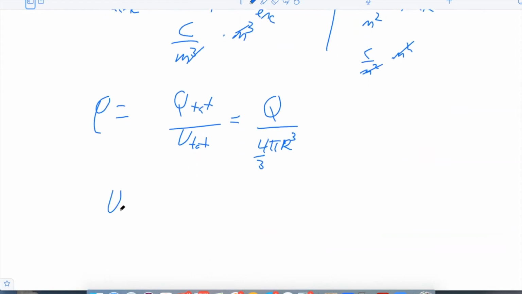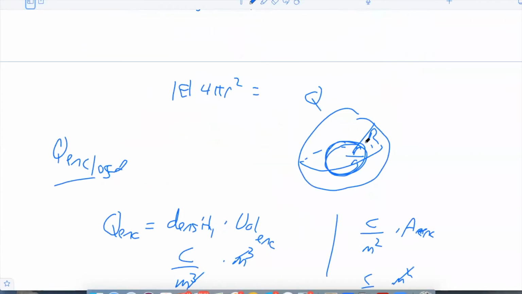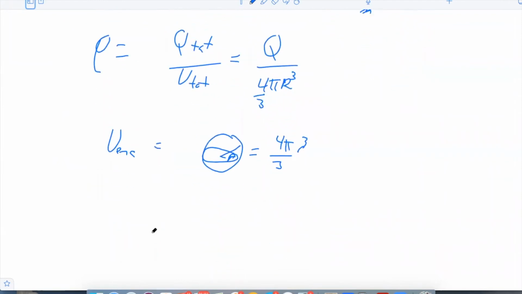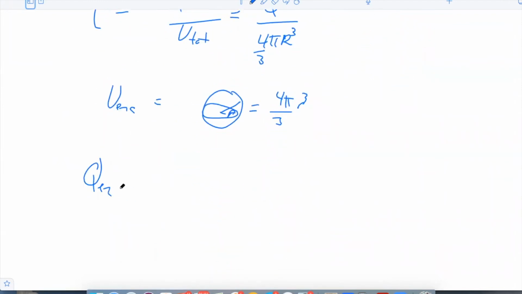What's my volume enclosed? That's the volume that I actually care about, with little r. This little guy, that's the enclosed volume right here, is 4/3 little r cubed pi. Okay, so then my charge enclosed is always, every time, rho times volume enclosed.